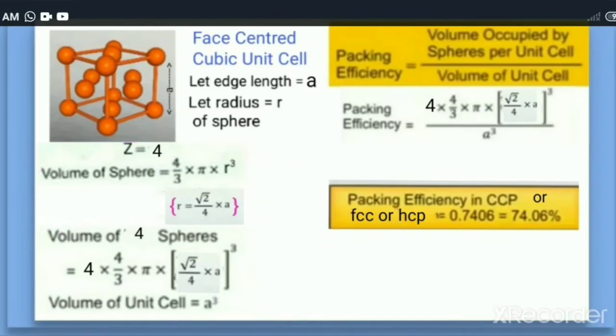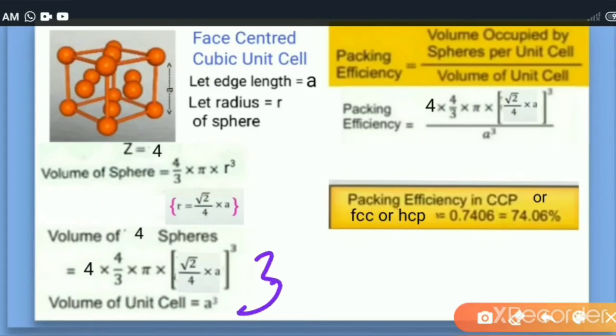Now when we substitute these values in the packing efficiency formula, we will be getting 4 into 4 by 3 into pi, root 2 by 4 into A, whole cube, divided by A cube.